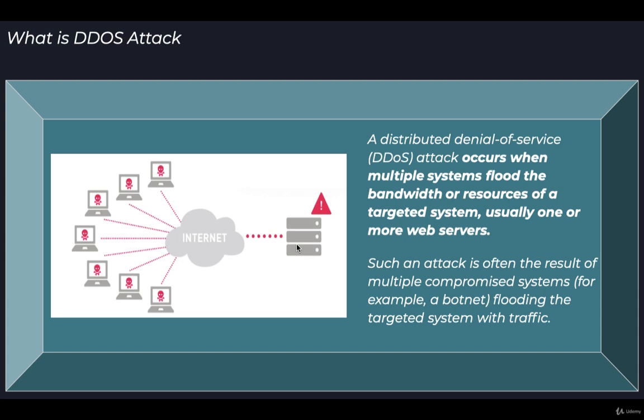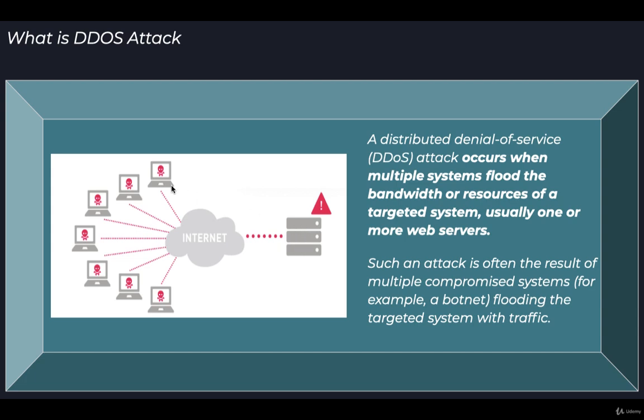That could be a web server, an application, a network resource, a server, a website, or any other resource, and cause a denial of service for the users who must be accessing this server.